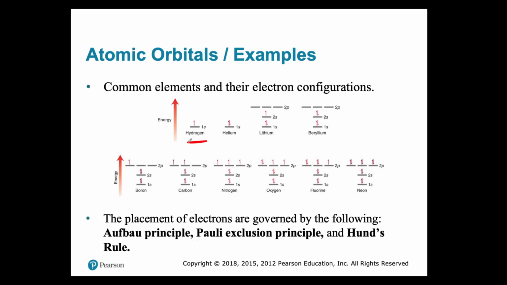Because it's 2p what? 2p4. Fluorine is 2p what? 2p5. Exactly. These orbitals directly represent what is on the periodic table. Does that make sense?